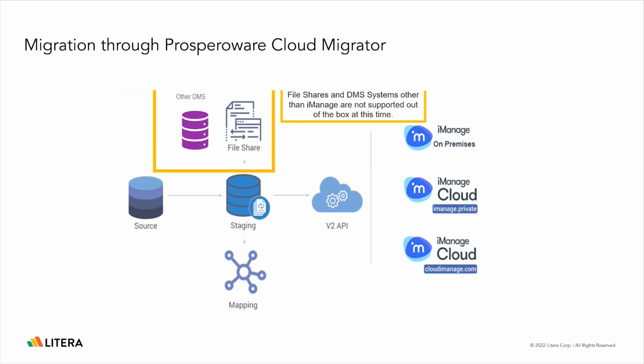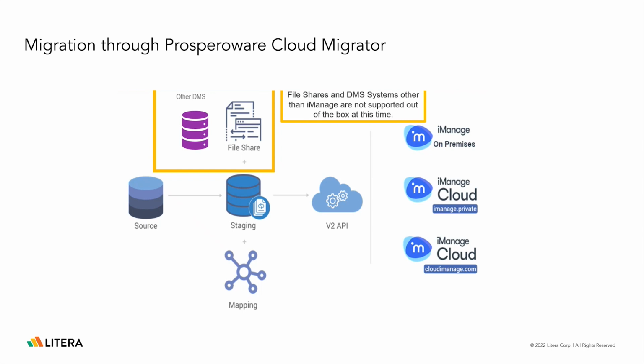So as you can see, we have a three-step process. From the source database, we migrate the metadata in your source iManage database to the staging database. And this is what you would go directly to if there was another DMS or file share. You need to populate the required tables in that database.